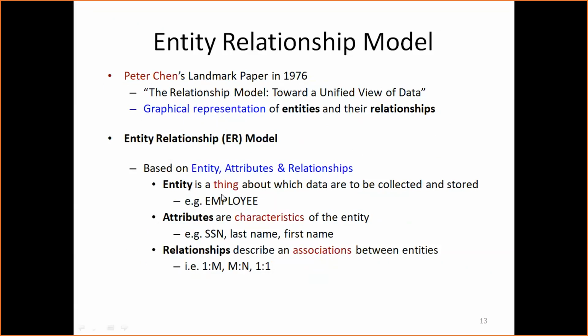An entity is anything about which we are collecting data or processing data. And attributes are fields of those entities. For example, we want to manage employee details, and an employee can have an Aadhaar card number or social security number, last name, first name, and these become attributes of employee.